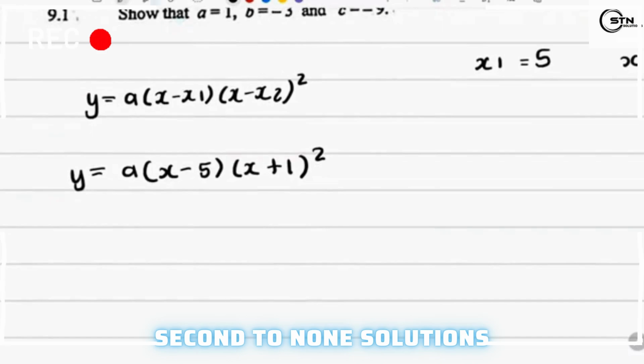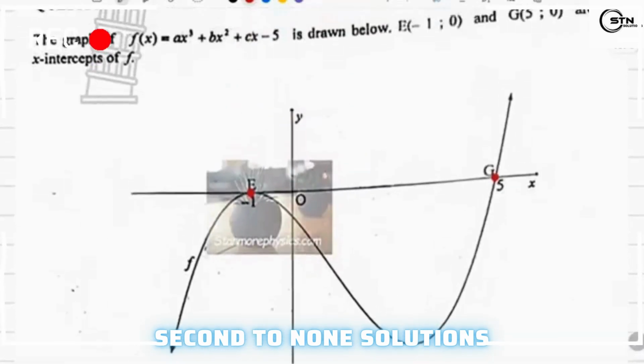And now you see that the only thing missing in your formula is just your a. To find a, if you could fill in numbers for x and y, then you would have a. So it means that you need a point, because a point is the only thing that will have x and y. So let's see, did they give us a point?